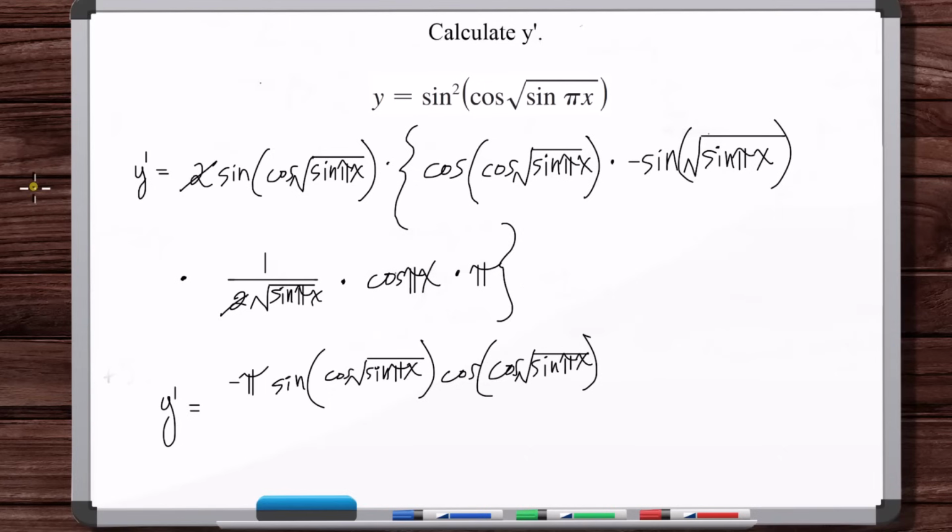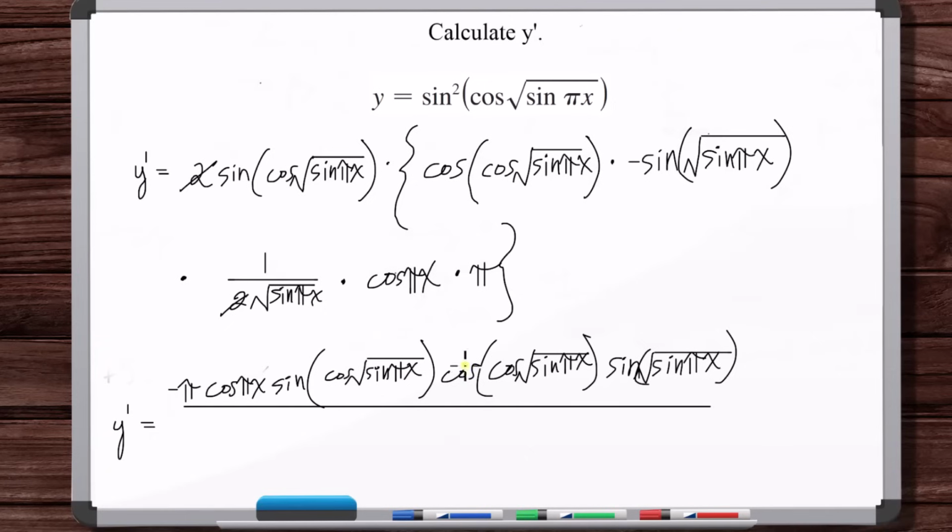Actually, we've got, okay, we can say, so minus pi, we'll put, okay, yeah, there we go. Now we've got sine, okay, and then all over, and there we go. All of this is the derivative.